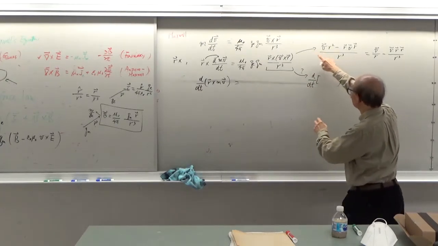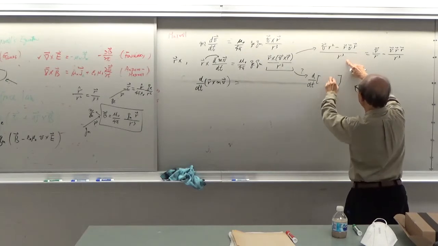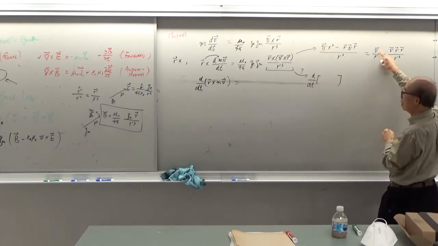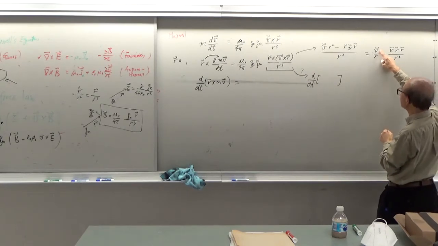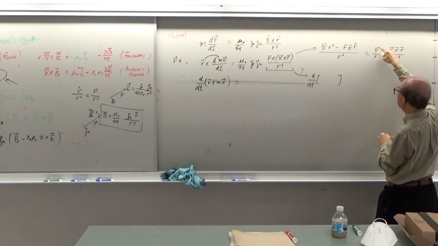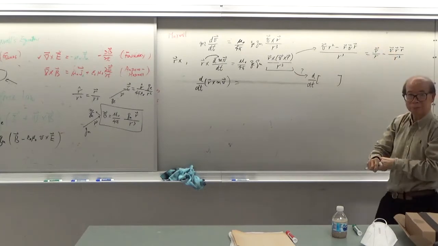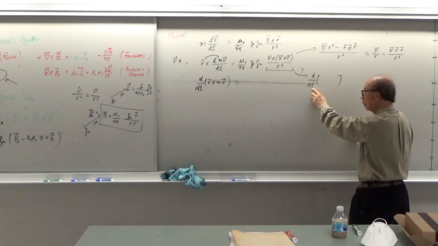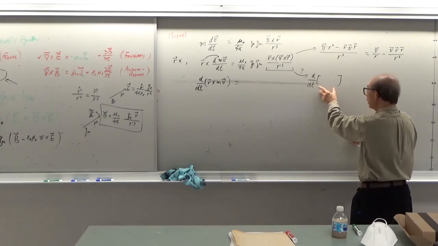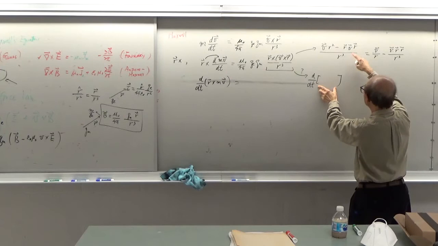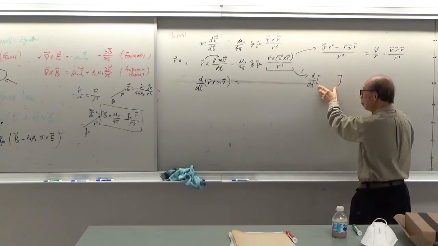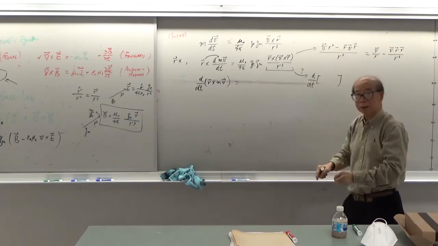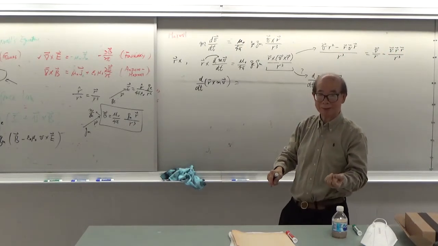This quantity has a dimension of v over r. v is distance over time, so this has a dimension of 1 over time. Well, this d/dt here has dimension of 1 over time. So whatever is inside the square bracket, if this can be written in this form, has got to be a vector, and in fact dimensionless.